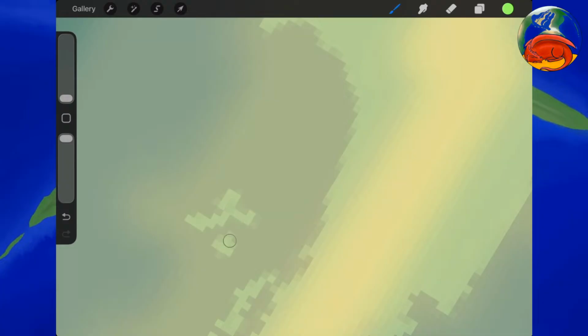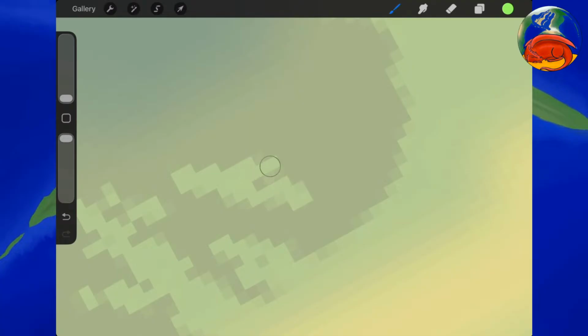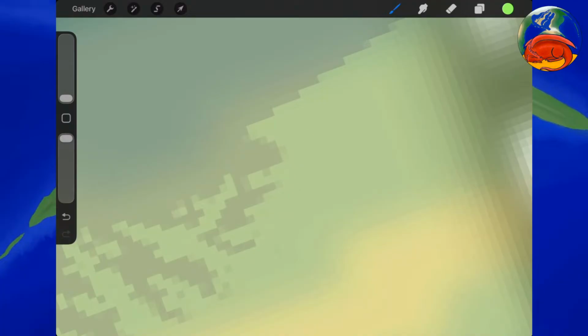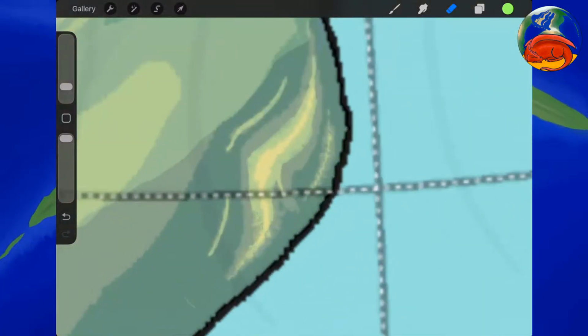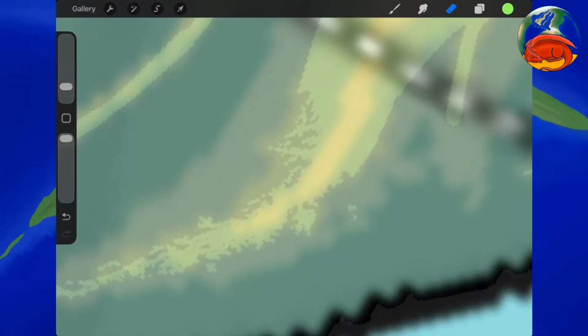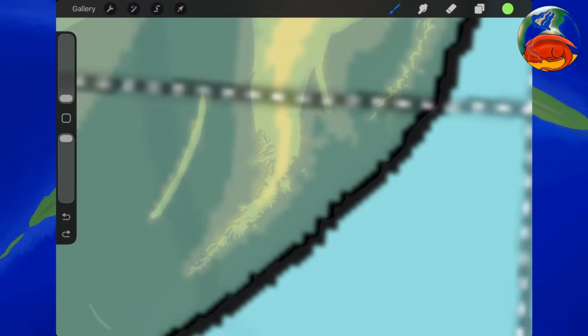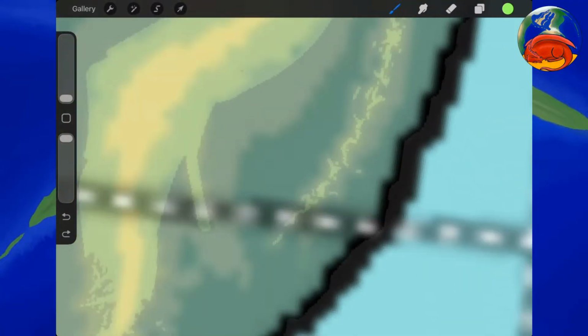That's looking pretty good. But I do want to expand it out here, because where it hits here is higher than this one.